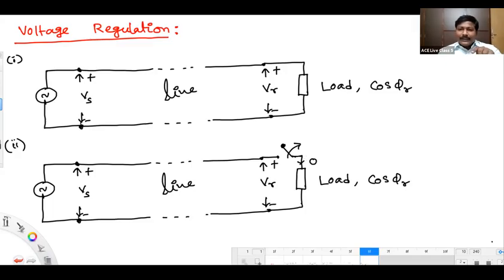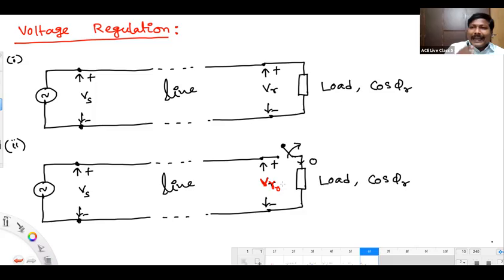At that time, whatever the receiving end voltage of the line is, let me denote it with the letter VR0. It is the no load receiving end voltage of the transmission line.